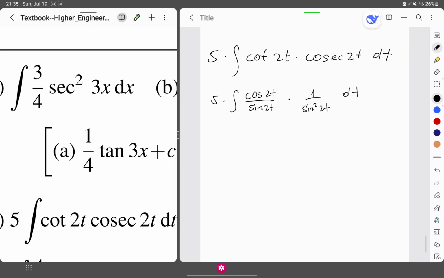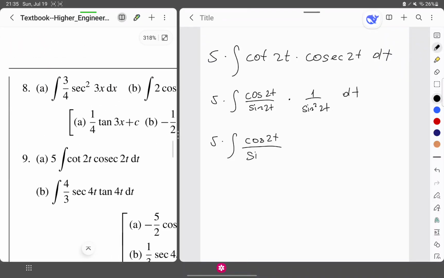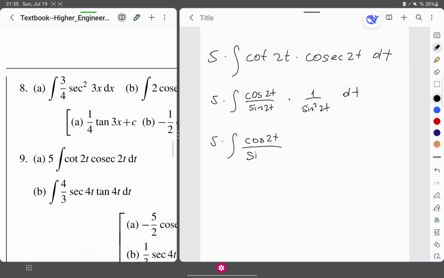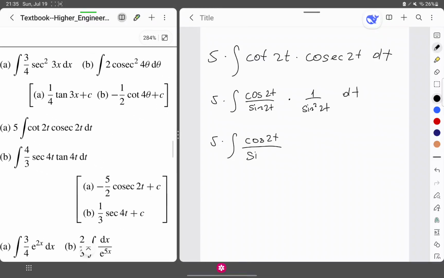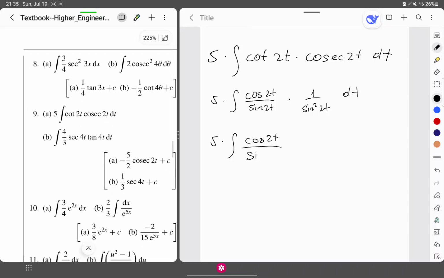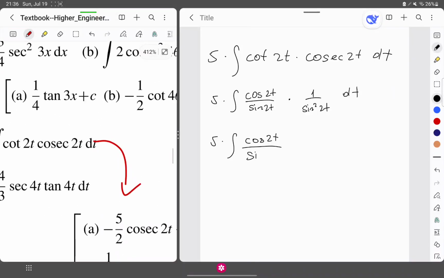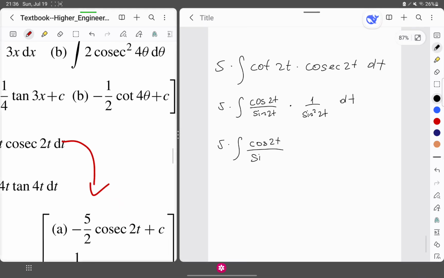So it will be 5 times cosine 2t over sine 2t sine square 2t. What's the point? I don't know. Let's check it. I am going to ask this to my teacher because it's really hard.